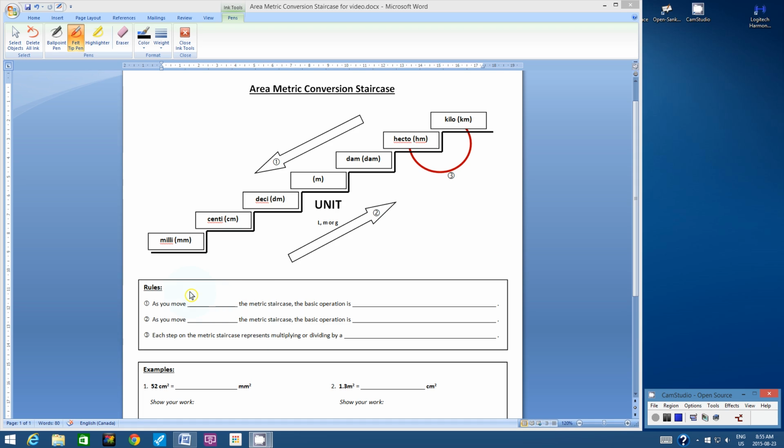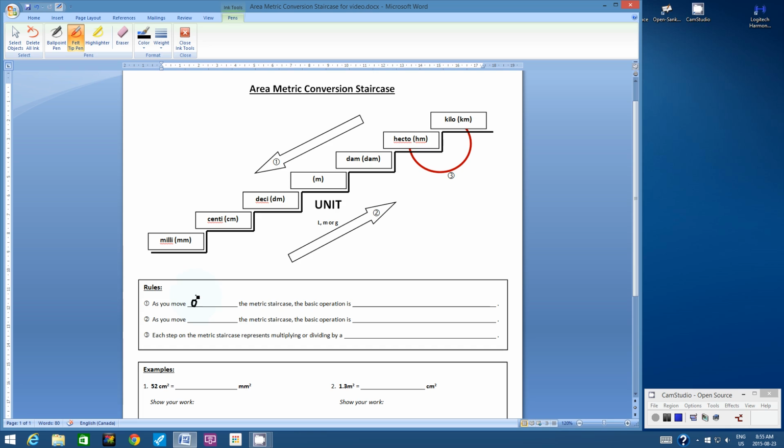All right, let's go over the rules here. Rule number 1 applies to this arrow going downward. Very similar to the previous note we took, as you move down the metric staircase, the basic operation is, do you remember? It is multiplication.